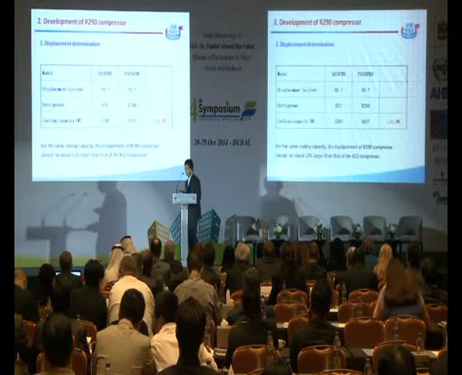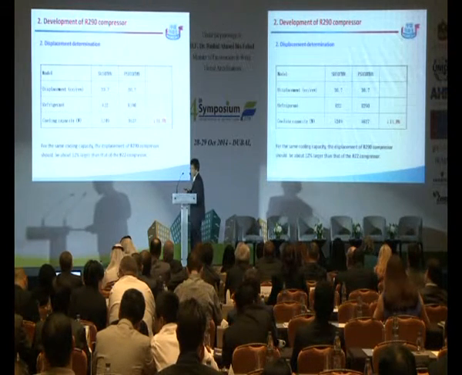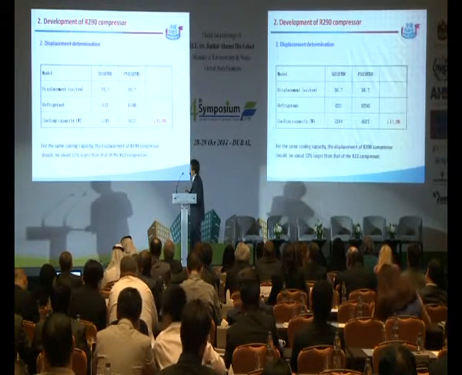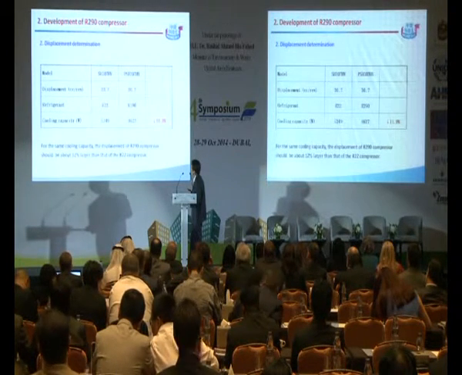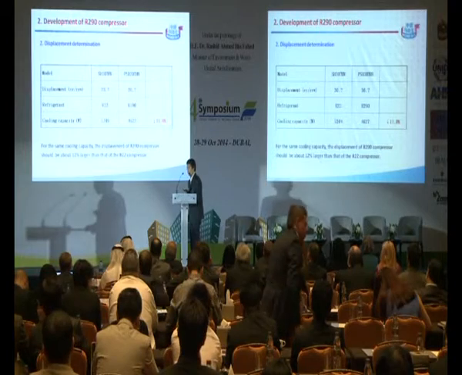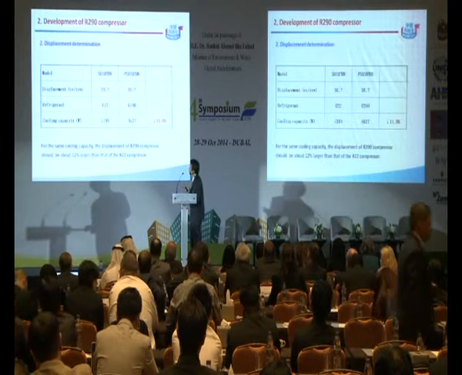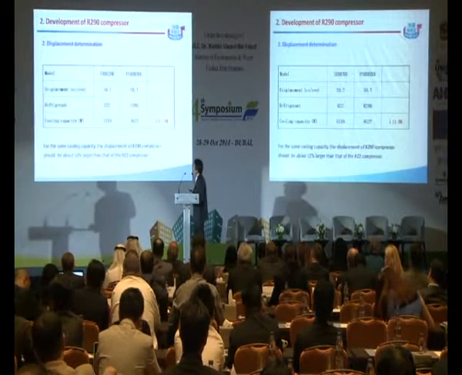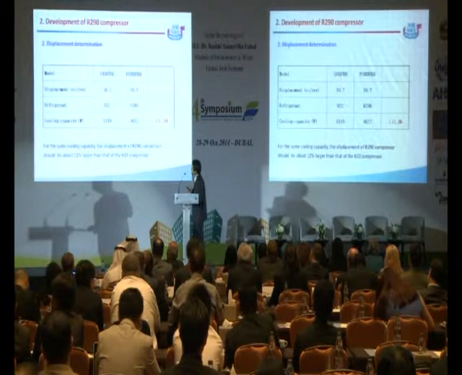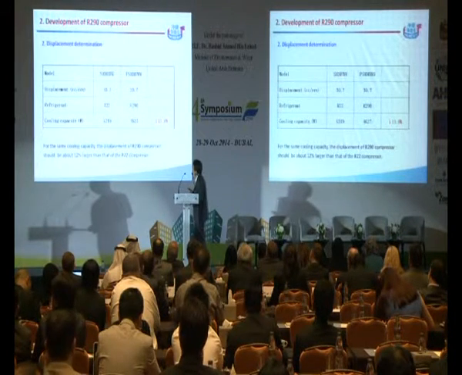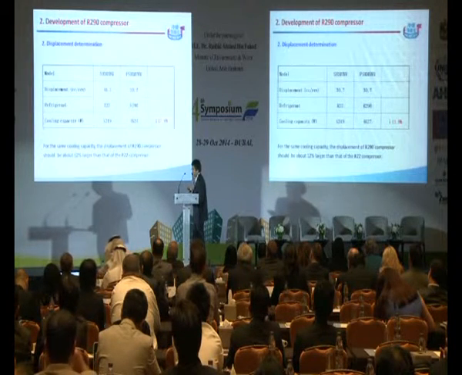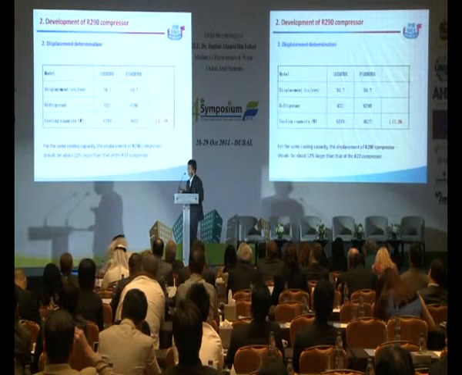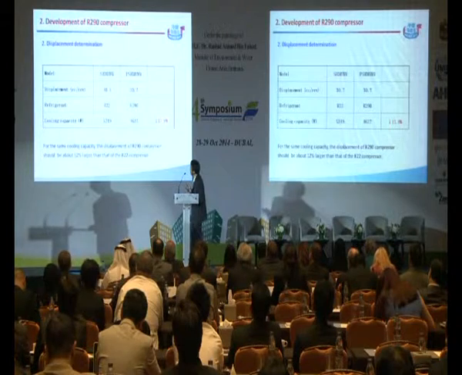The second part, displacement determination. When we replace an R22 compressor with an R290 compressor, we need to determine the displacement. Here we test 2 compressors. One is an R22 compressor, another one is an R290 compressor. They have the same displacement.